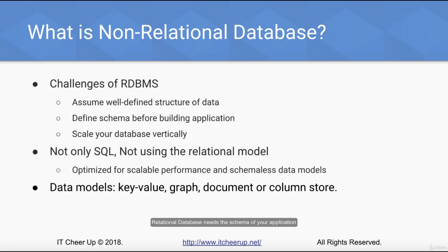It leaves the schema of your application and its properties, such as columns, types, etc., to be defined upfront before building the application. This does not match well with agile development approaches for highly dynamic applications. As the data starts to grow large, you have to scale your database vertically, adding more capacity to the existing servers.